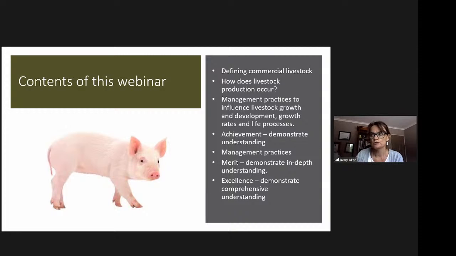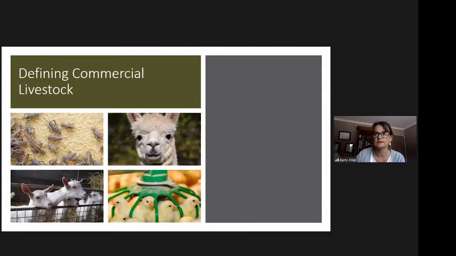Then we'll move into merit and how taking that achieved and moving it to that higher grade. Lastly, looking at excellence and what we require for excellence. Then I'll have one question from last year's exam at the end, which we will go over. Once again, if you have any questions, just put them in the chat.